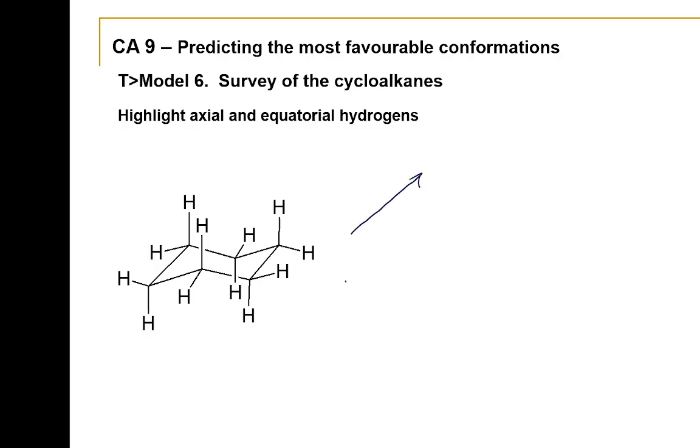So let's now draw 2 versions of the chair. Okay, we're going to draw the same thing. I'm going to ask you to give it a try based on what I just showed you. Draw 2 of the same. Don't put the hydrogens on yet. So try, and just to get you started, you may recall I did something like this.